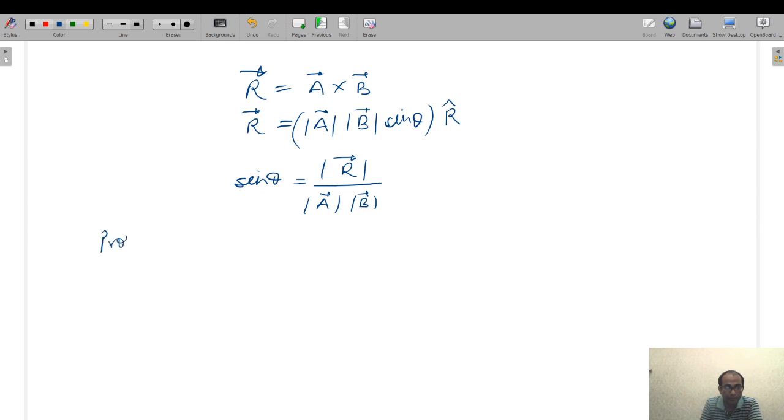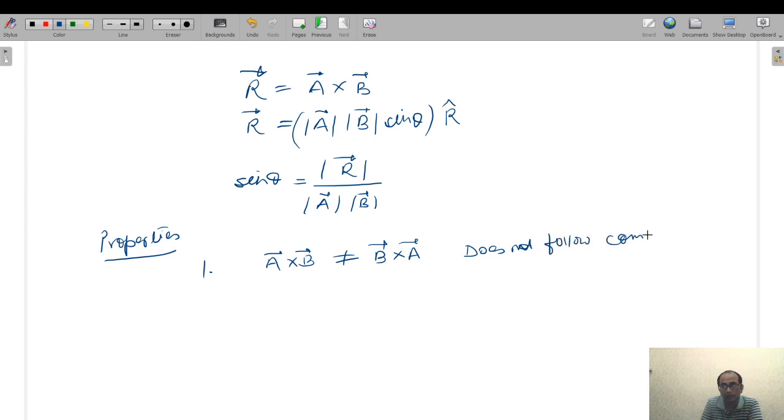Now some properties. First one, see A cross B is not equal to B cross A. So it does not follow the commutative law. This property of commutative law is not followed in case of the vector product.